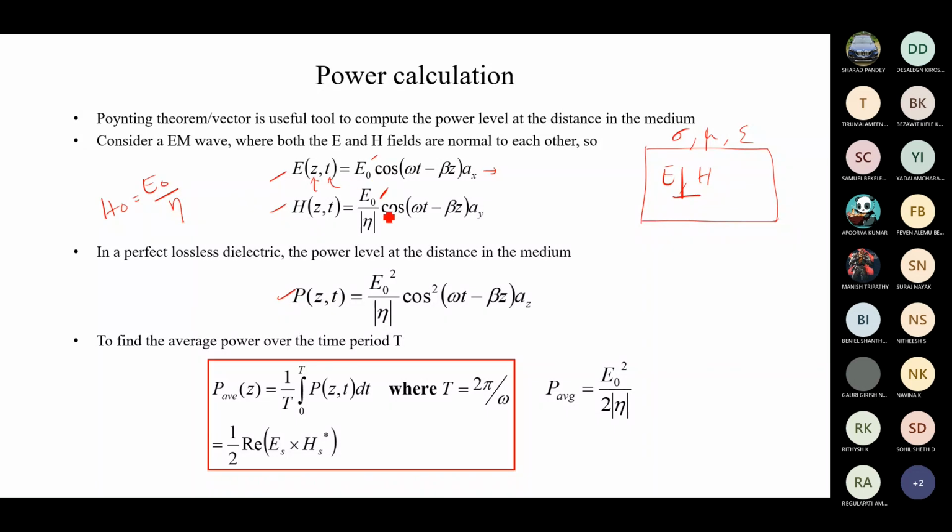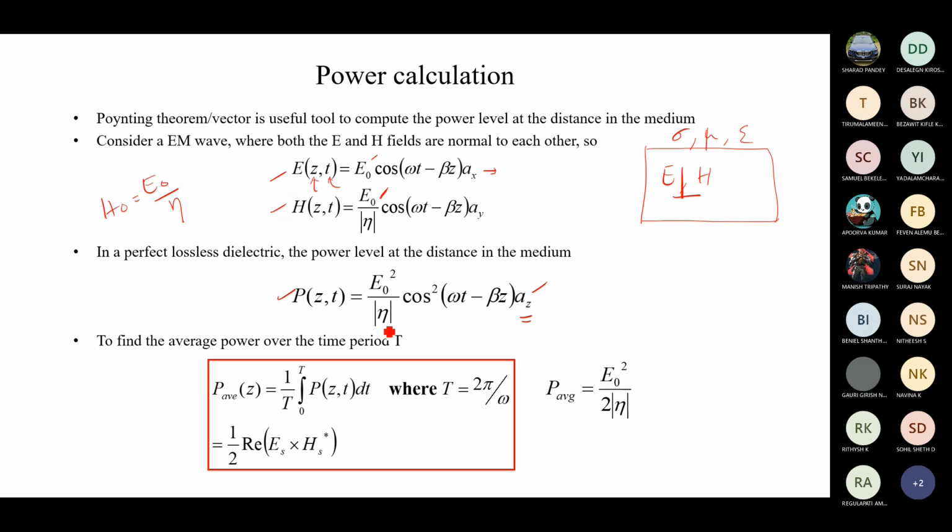The cross product is always going to give the opposite direction, and they are perfectly perpendicular to each other. There is no angle term between them. So obviously you will get the third axis as the direction of the power, and you will always get the square of the particular term.